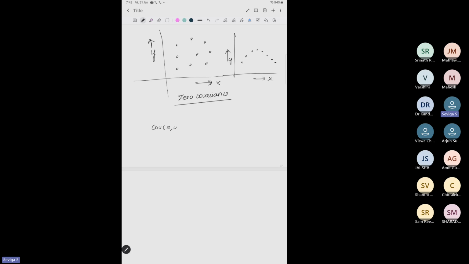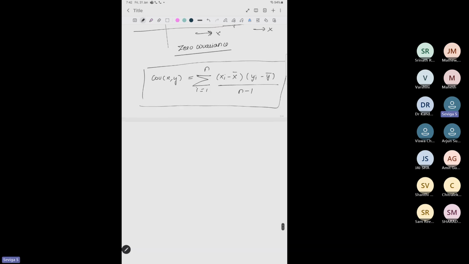I can write a formula for covariance. Covariance between the two variables X and Y is given by summation i equals 1 to n, X of i minus expected value of X, times Y of i minus expected value of Y, divided by n minus 1. This is the formula for covariance. What it does is measure the degree to which two variables change together.